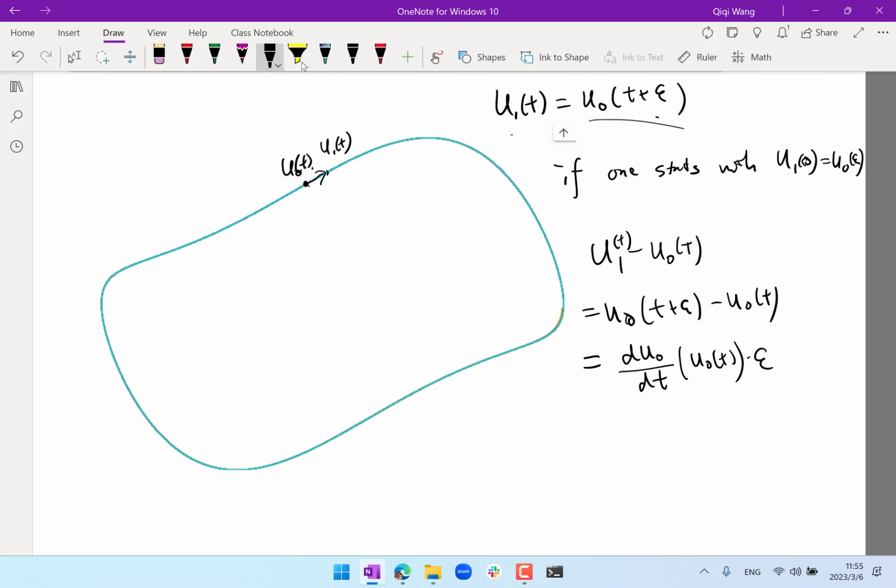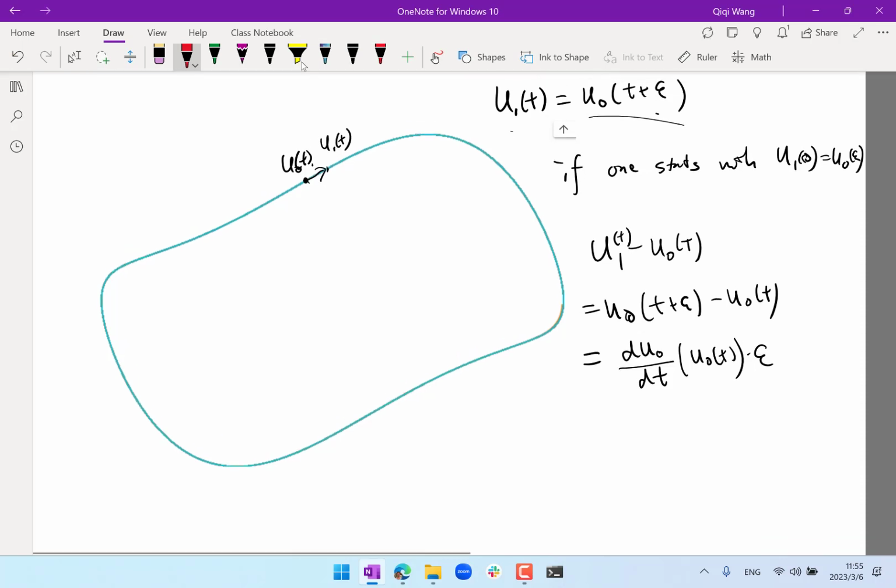Or you can also derive it in a slightly different way. If you have a differential equation du/dt equal to f of u, then this is exactly equal to f of u0(t) times epsilon.